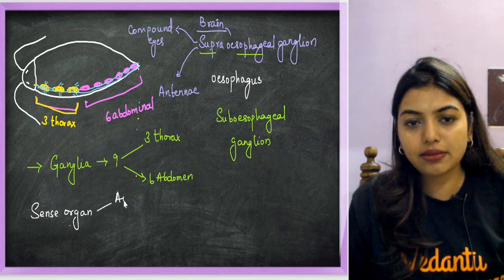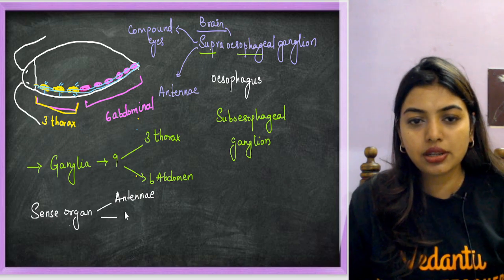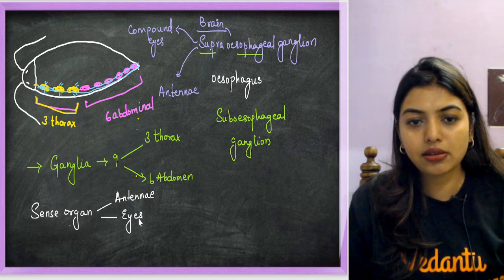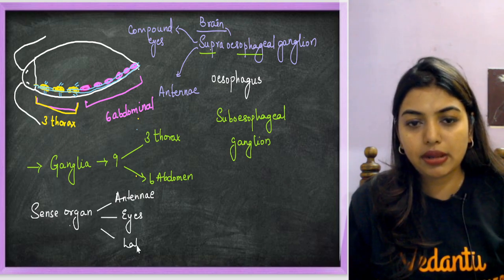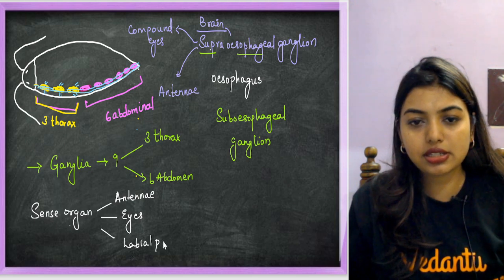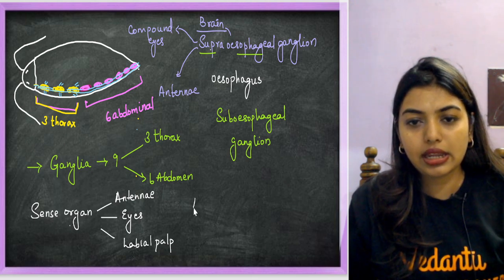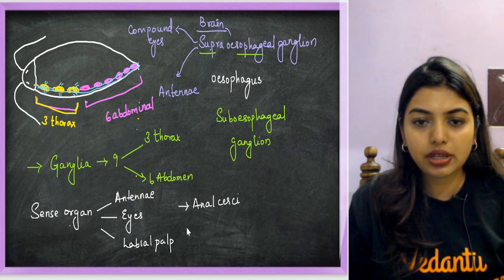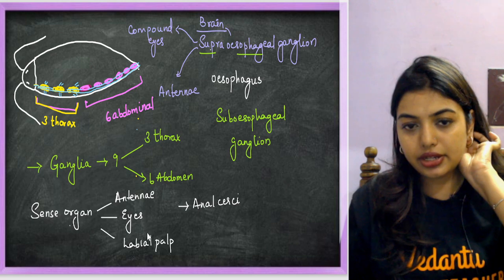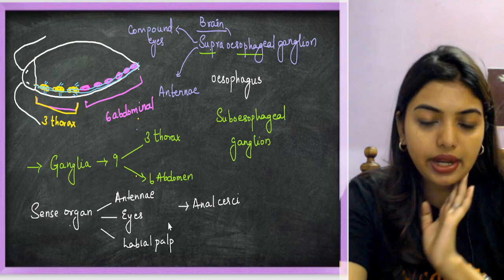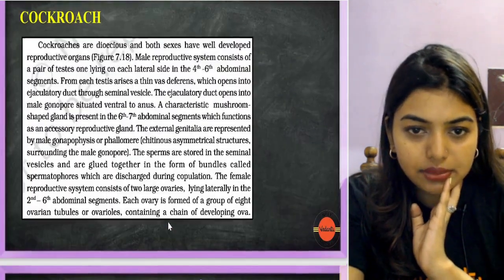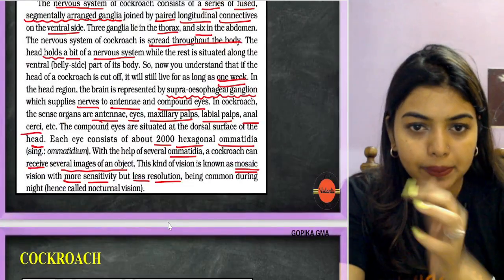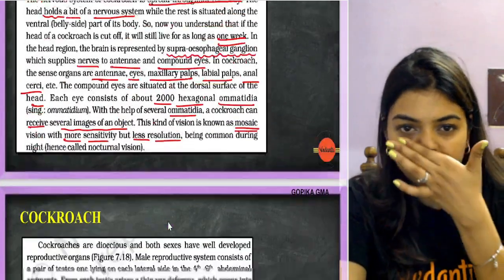Antenna is going to be there for touch, eyes, labial palps for taste, anal cirri for vibrations. Antennas, eyes, labial palps, anal cirri, right? Or did we miss something? Maxillary palps we missed.